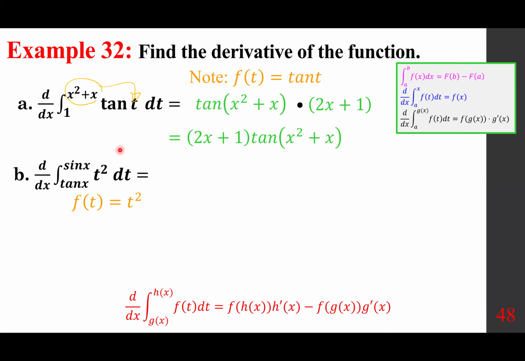So what this means is plug in sine x, you get sine squared times its derivative cosine x, minus plug in the lower limit, tan squared x, then times the derivative of tangent, which is secant squared. I'm just following this, and it's very easy to follow.